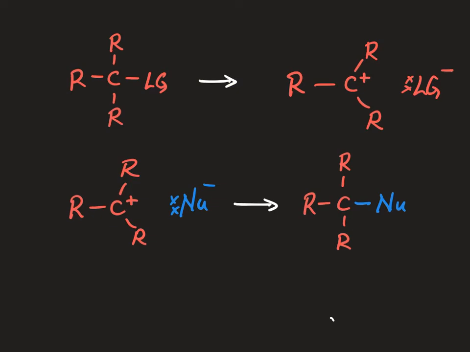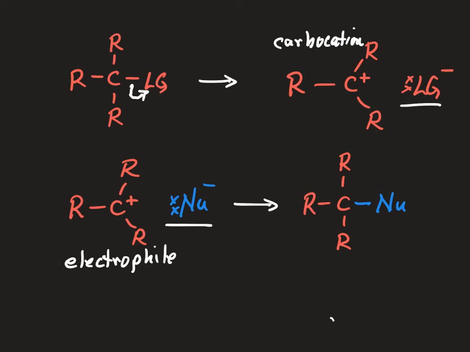In the other pattern of nucleophilic substitution, the leaving group leaves first on its own and creates a carbocation. Right? So the leaving group leaves. Again, it has to be a weakly basic, stable molecule or ion. And then that carbocation becomes the actual electrophile that will interact with our nucleophile.